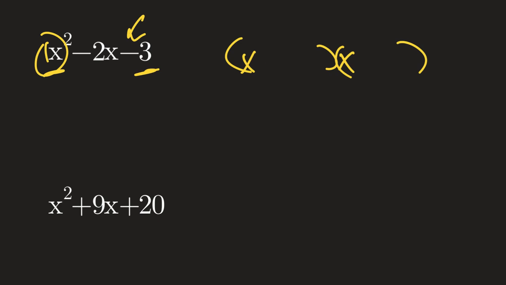Now, remember this outside-inside thing that we talked about the other day? I want you to look at something. Here's why that leading coefficient is pretty nice. If the leading coefficient's 1, that means I've got a 1x and a 1x here. It doesn't matter what I put on the back end of these parentheses.